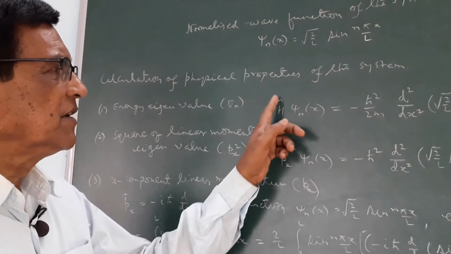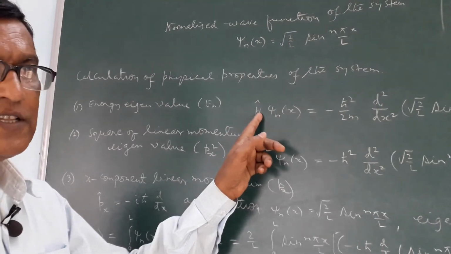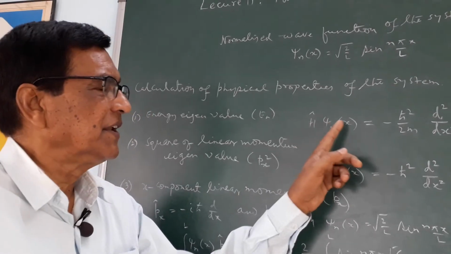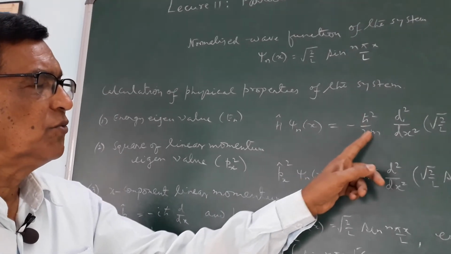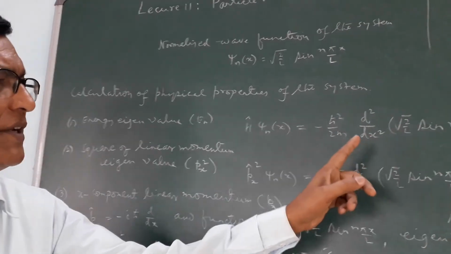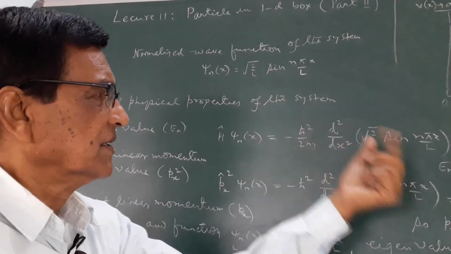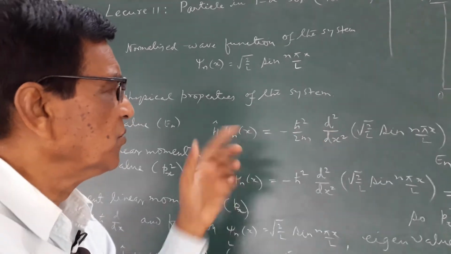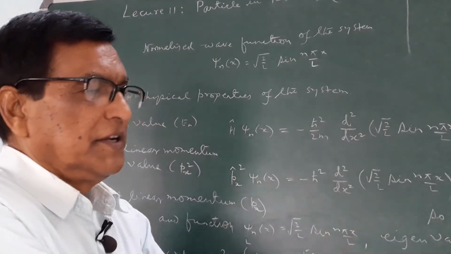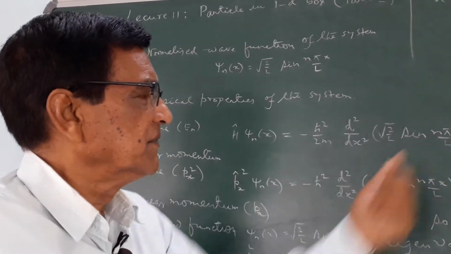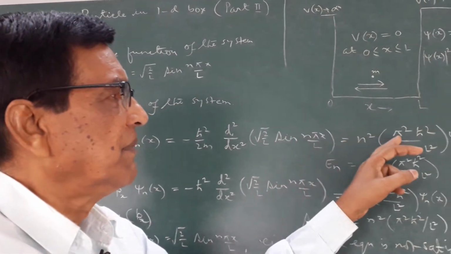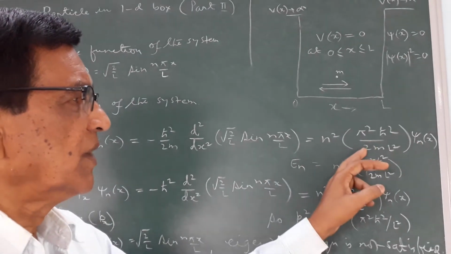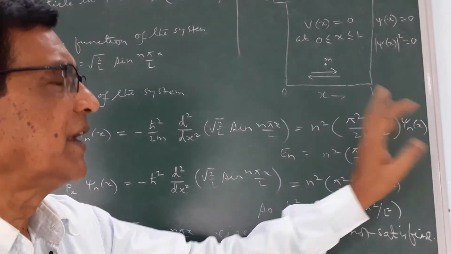This Hamiltonian operator is the operator for energy, and acting on psi n x it gives minus h cross square by 2m into d2 by dx square on this wave function. Whenever we do this double differentiation of this sine function, we get n square pi square h cross square by 2 m l square into psi x.